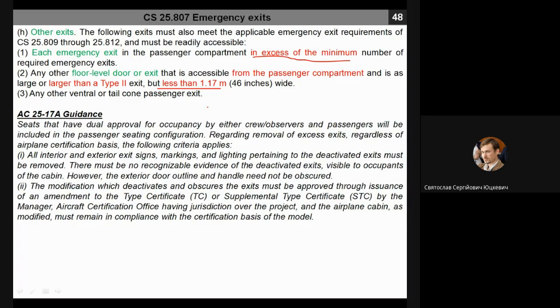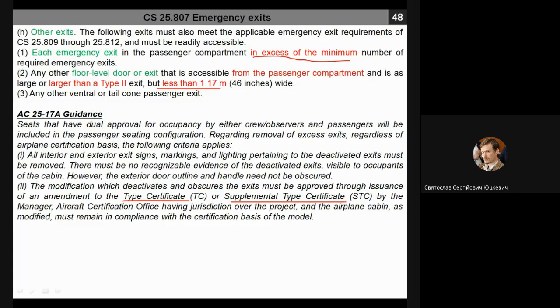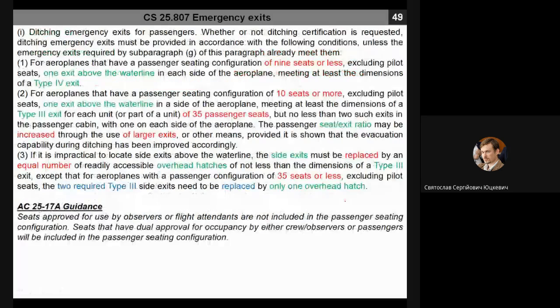When we talk about these parameters, they are described in the type certificate or supplemental type certificate. It's a document that describes the requirements for the airplane. These evacuation procedures and the number of passengers that could be evacuated from all these exits are described in the type certificate and determined by the developer.